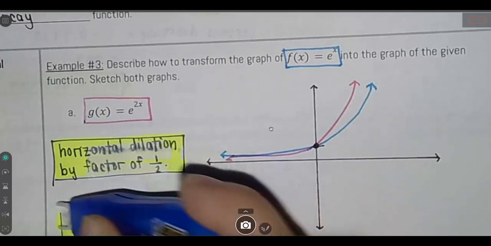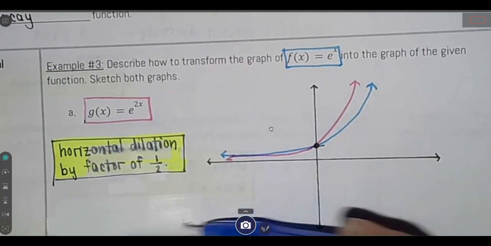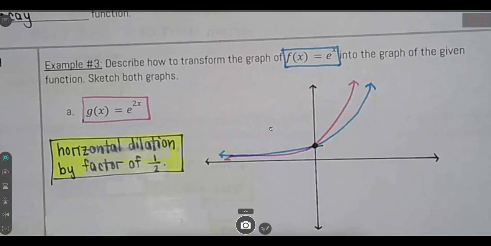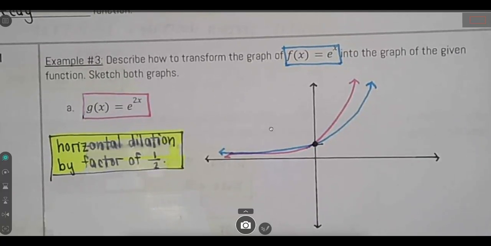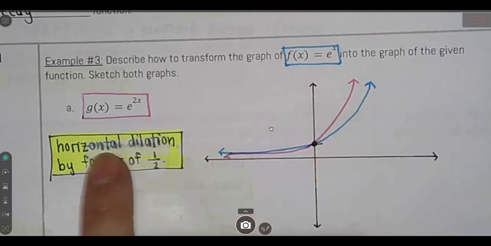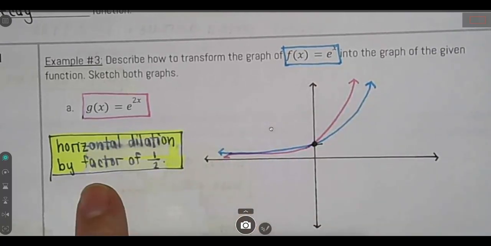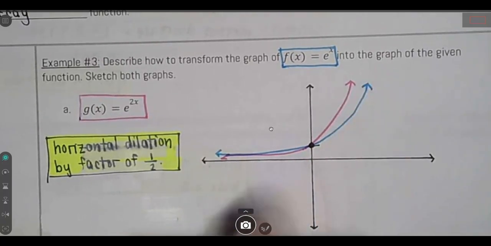Just use dilation. Okay, so this is e to the x. Horizontal dilation by a factor of 1/2. It looks something kind of like that. And I'll graph it on my calculator too so you can see it.